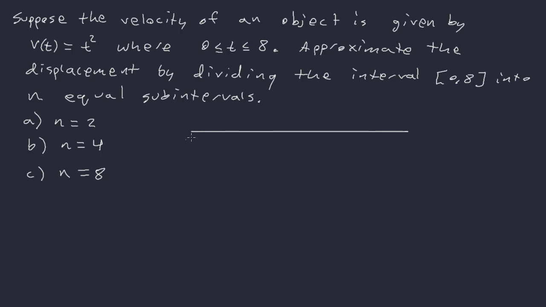So to do that, we're looking at the interval 0 to 8. If we want to split it into 2 equal subintervals, that means we're cutting it in half. So we're looking at 0 to 4 and 4 to 8. Now, that's for the first part. For the second part, if we're going to split it into 4, that means we are looking at the interval from 0 to 2, from 2 to 4, from 4 to 6, and 6 to 8.